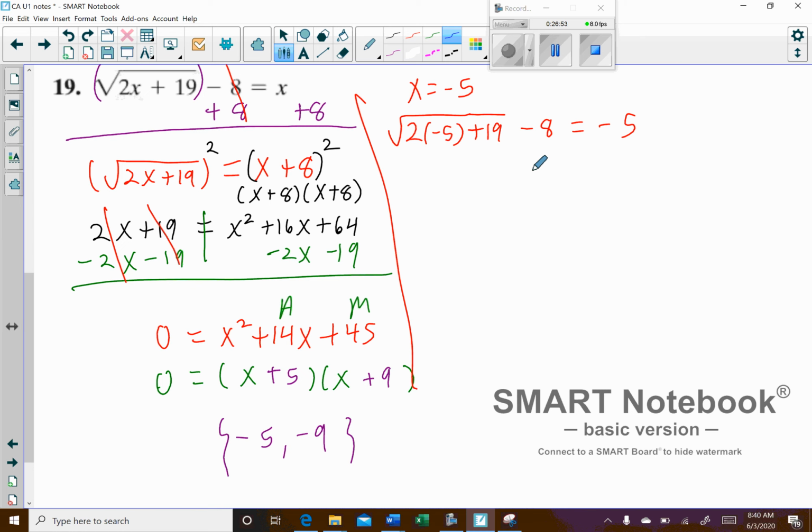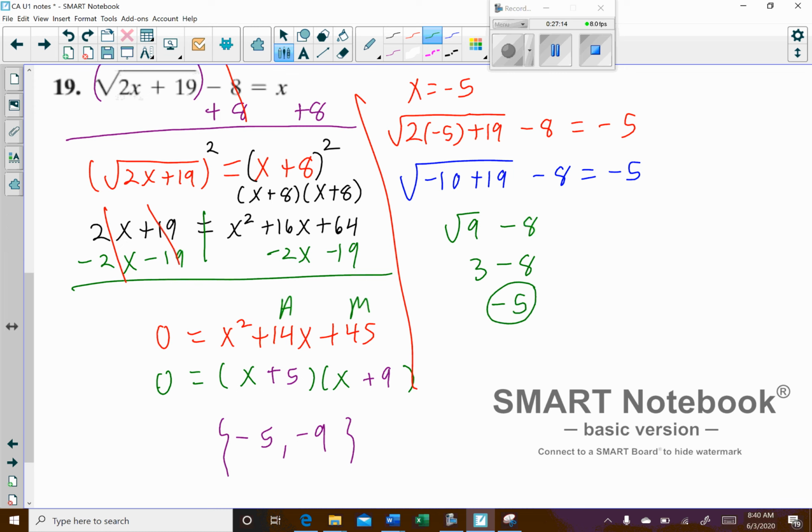The radical will become -10 plus 19, take away 8. And then this will become the square root of 9 minus 8, which will become 3 minus 8, which is -5. So it did equal -5. That was just kind of a little coincidence. Okay, so -5 is good to go.